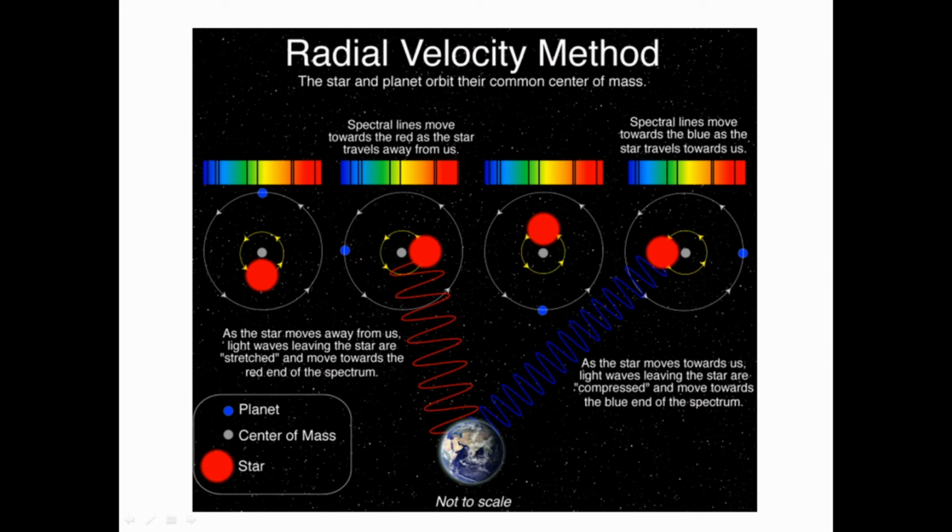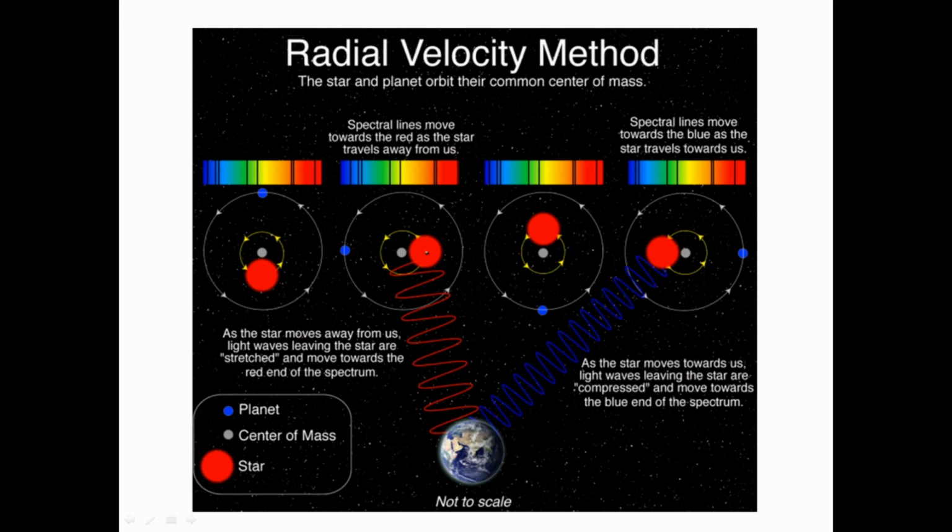The exoplanet will obviously be orbiting the star, but the star will also orbit around the centre of mass. So the combined effect of these two is that their centre of mass is this point here, and they will both orbit around that point.